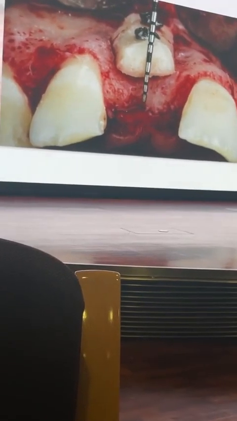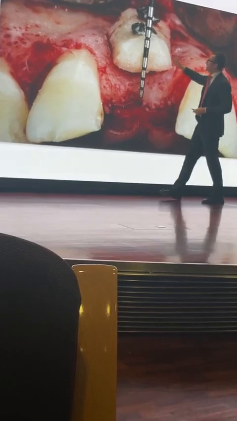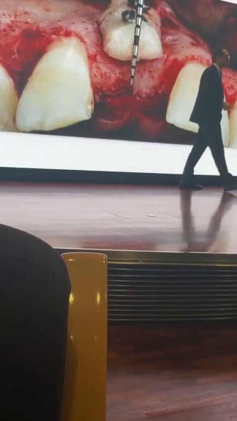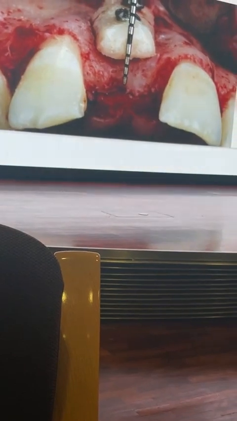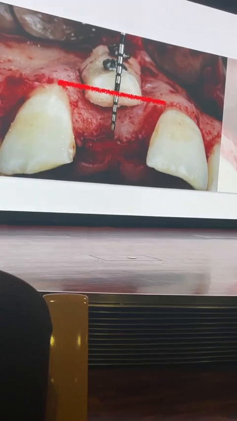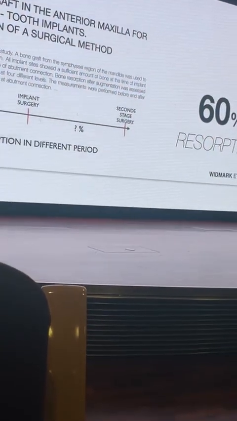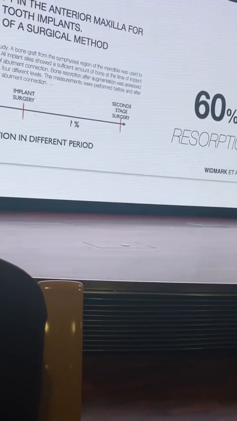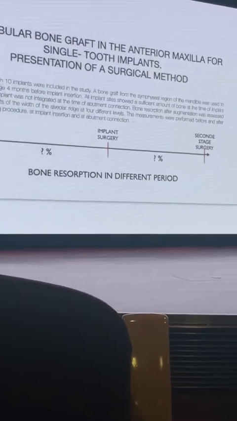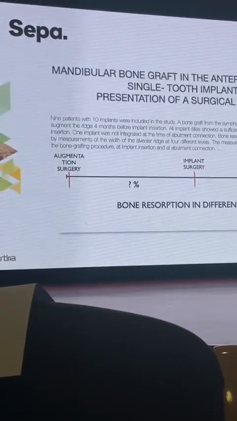If my goal is to reshape the crest similar to a tooth, I'm choosing the wrong material. Because I just need to let the time run, and I'm going to have 60% resorption only in the first 8 months. And this is published since 97, so it's not something new. It's very old, we know this since the beginning.